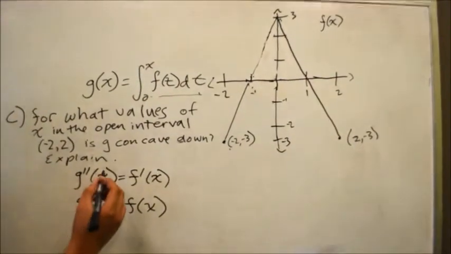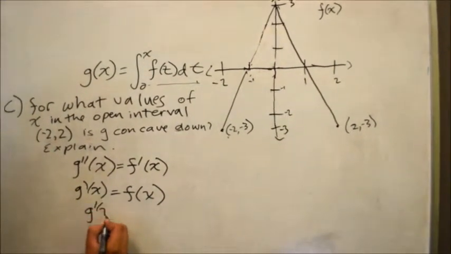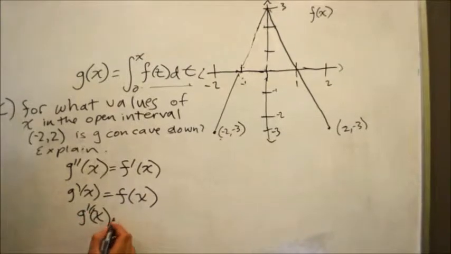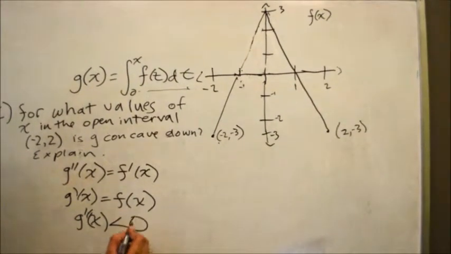To determine when it's concave down, g double prime of x has to be less than 0.